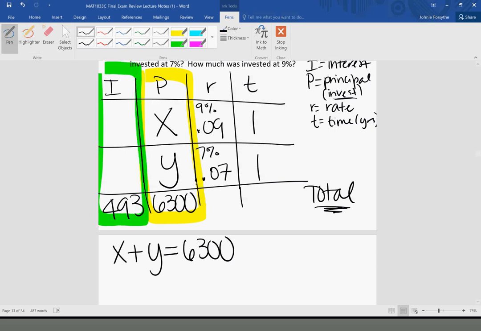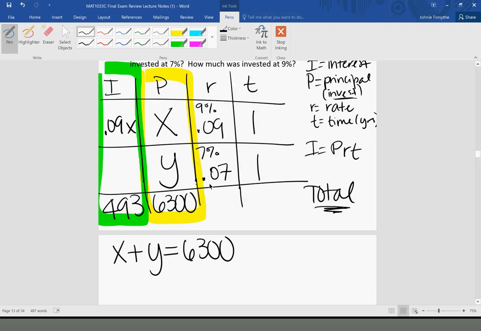Well, remember that interest equals principal times rate times time. So I can get each value here by taking the principal x times 0.09 times 1. So x times 0.09 is 0.09x.